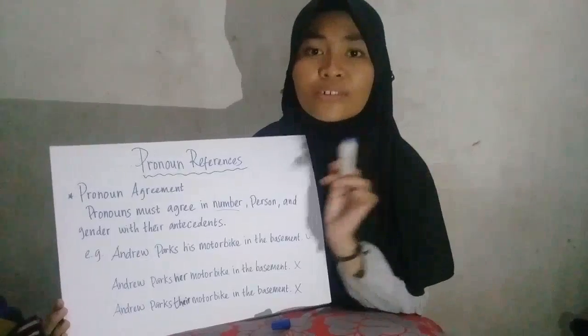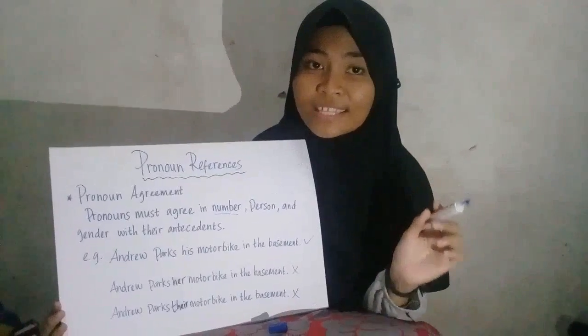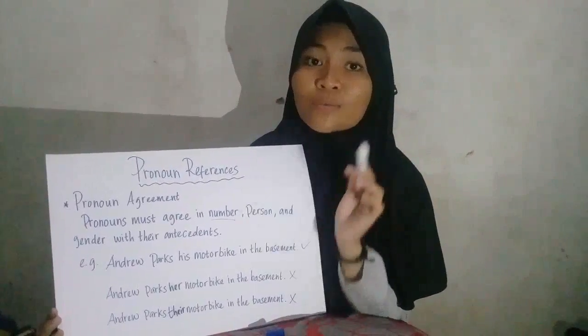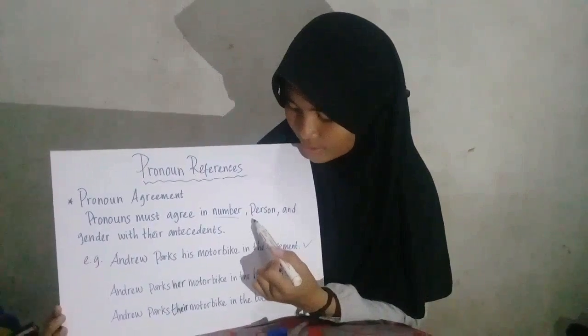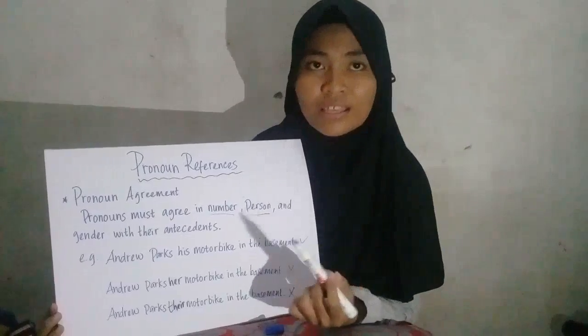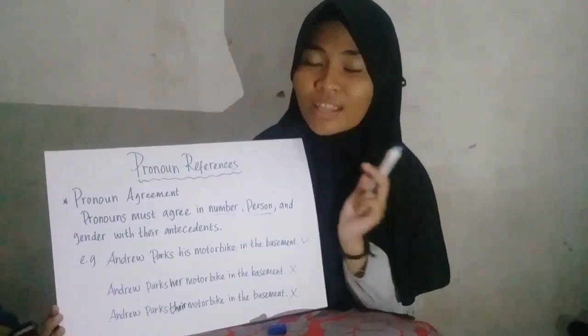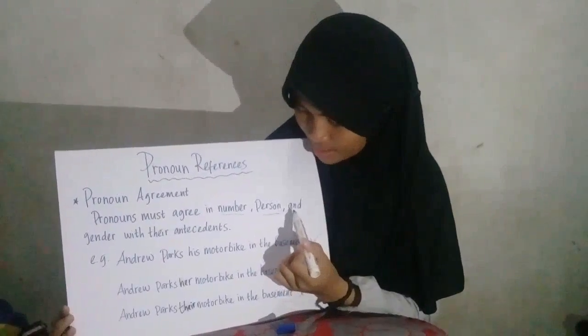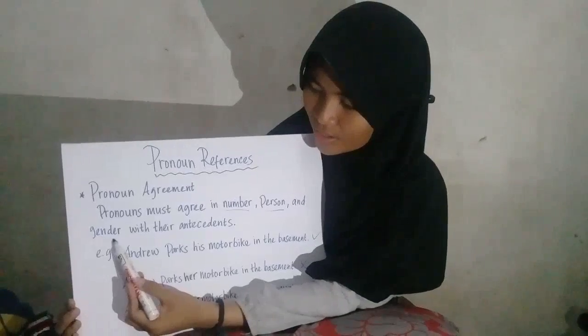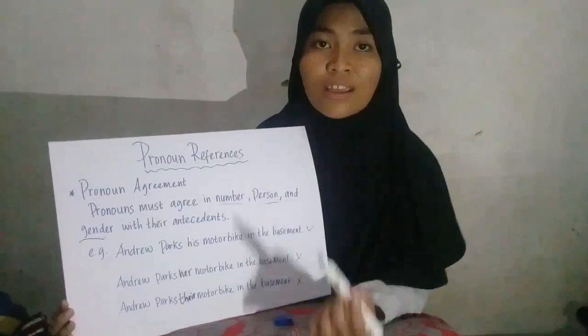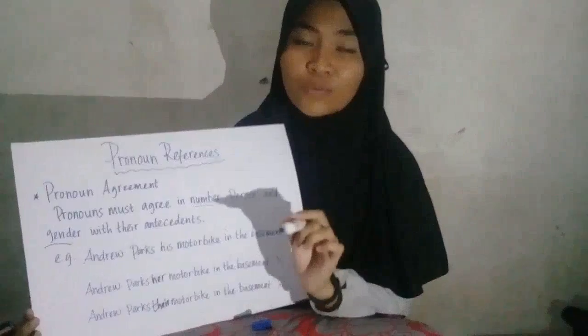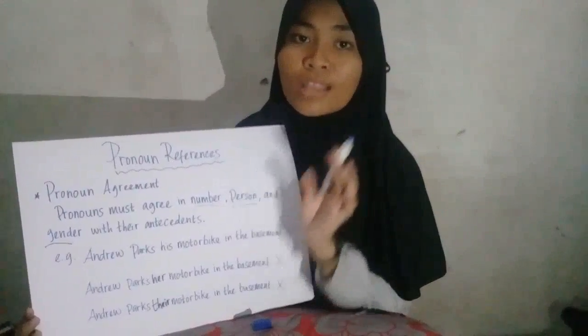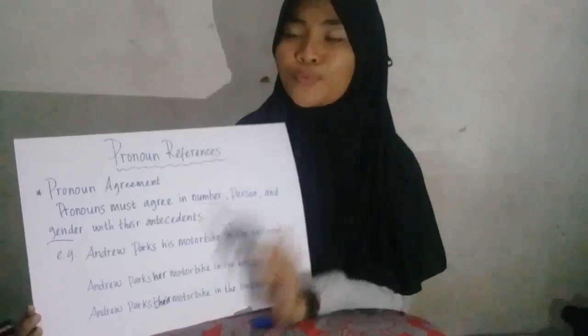So, a singular noun should be replaced with a singular pronoun too. The person here is first person, second person, and third person. And the gender here, of course, means that a male noun should be replaced with a male pronoun too.